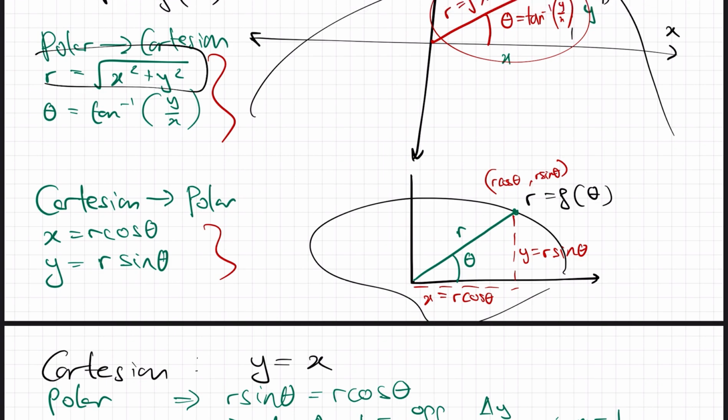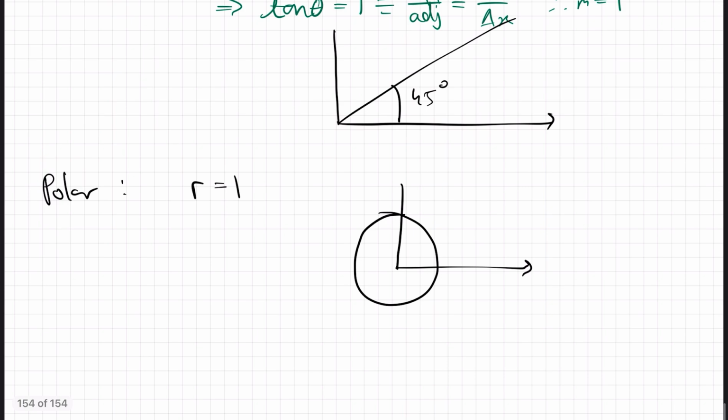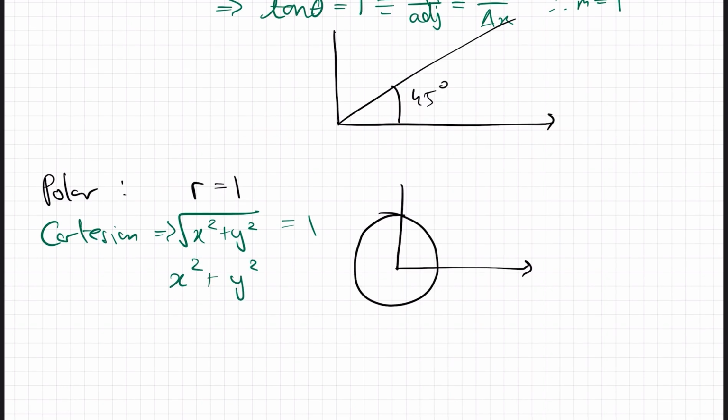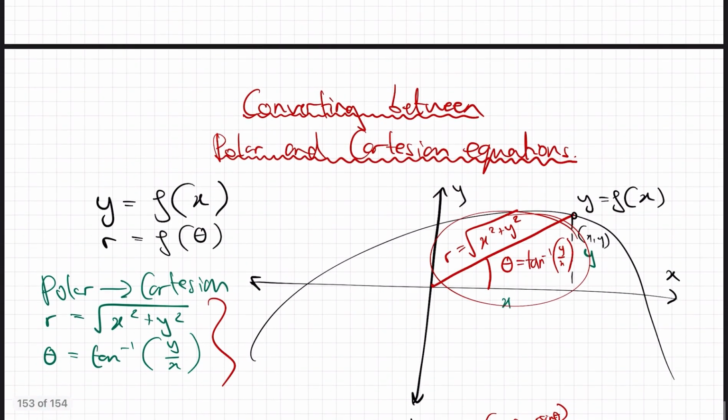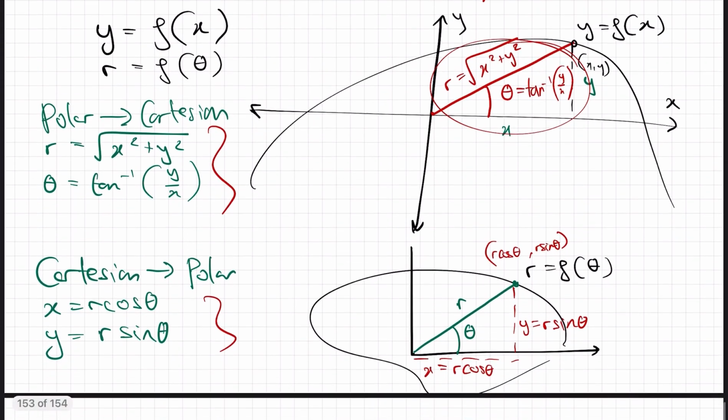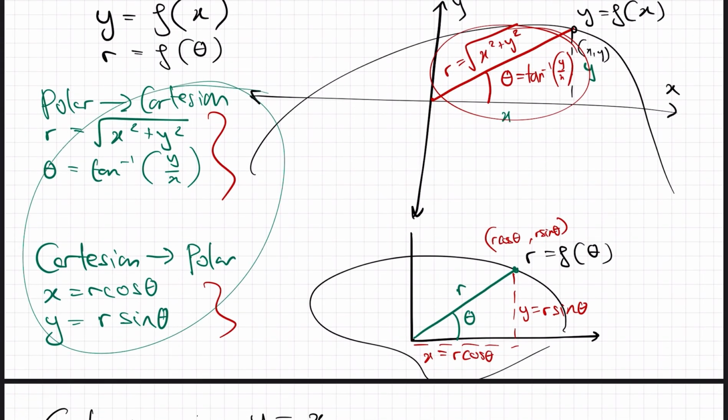We replace all the r's with the square root of x squared plus y squared, so the square root of x squared plus y squared equals 1. If I square both sides, we get the equation of a circle, nice and easily. So this is how you convert between Cartesian and polar graphs. The important thing is to use these equations which you've just derived.